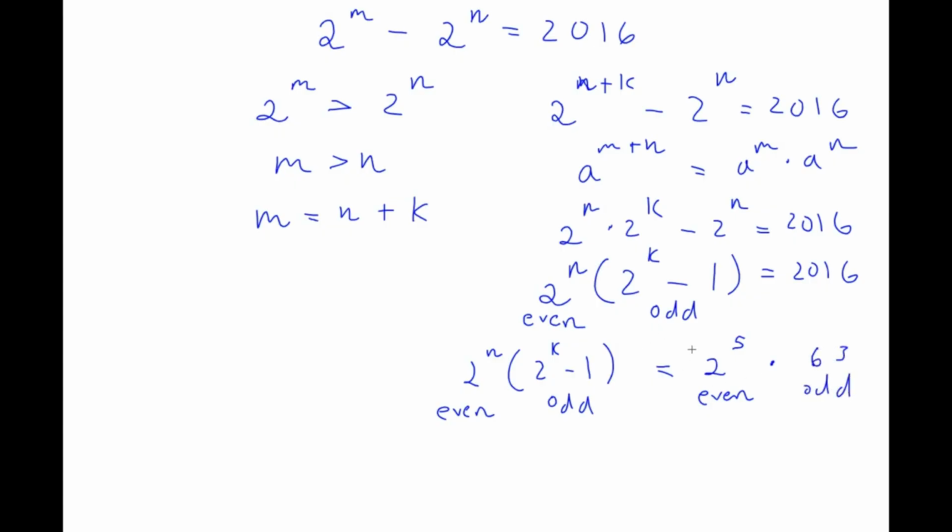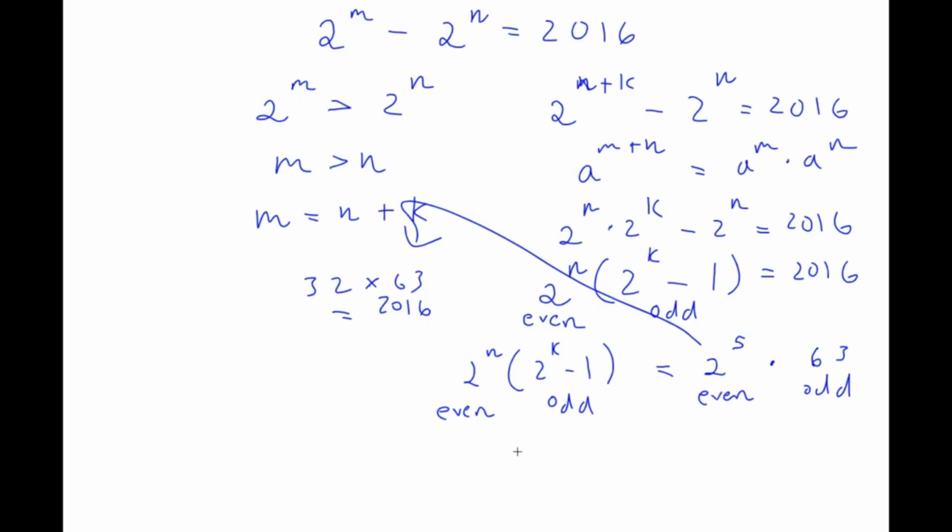Now 2 to the power of 5 is equal to 32, and 32 times 63 is equal to 2016. So I simply wrote 2016 as 2 to the power of 5 times 63 because this is an even number times an odd number.